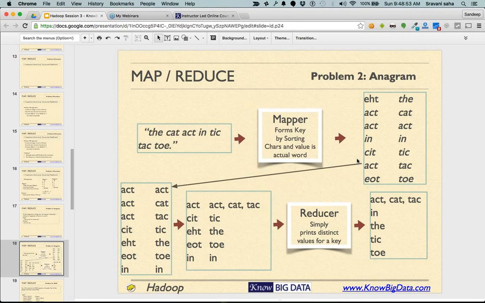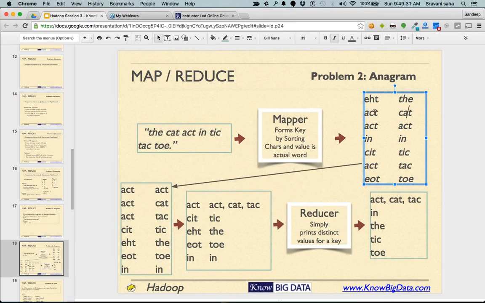For example, if we sort the letters of THE so that they become alphabetic, E comes before H comes before T. Similarly, for cat, we rearrange the letters and it becomes A, C, T. So for the, our mapper is converting it into key-value pairs where the key is the sorted character set: the key is ETH and the value is THE, the original word.